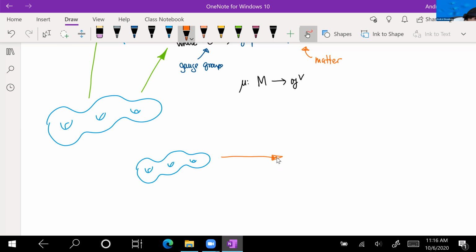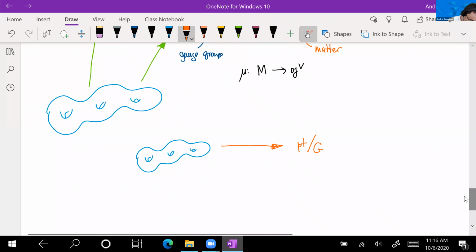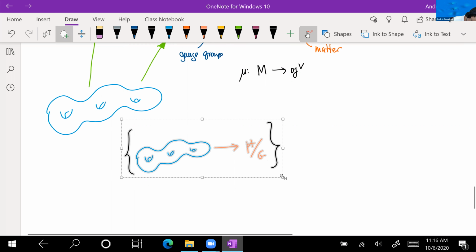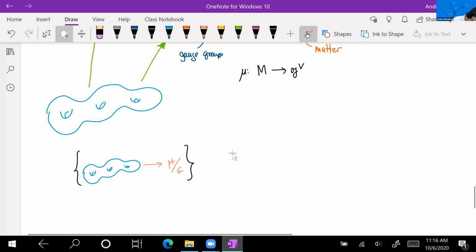The first stack to consider is maybe point mod G. If you unravel the definition, this is the same as a principal G bundle over my curve.